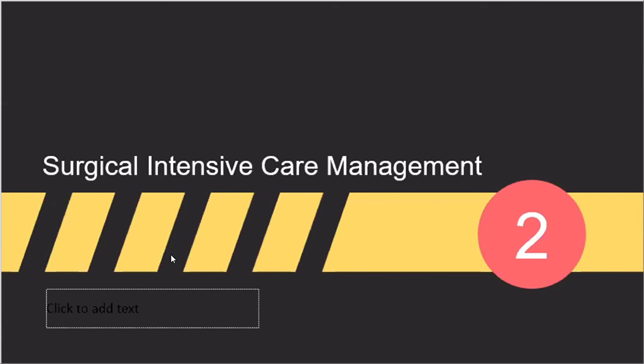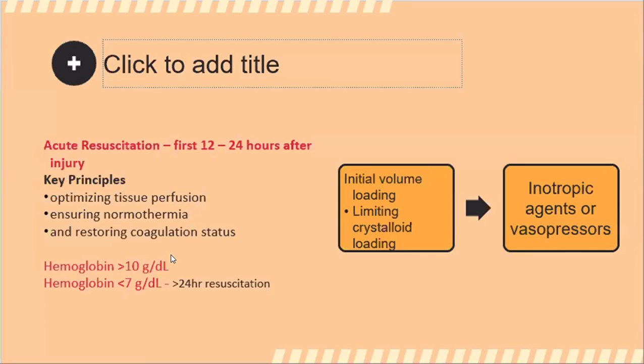Next topic, surgical intensive care management. For toxic patients, toxic trauma, or critically ill patients, acute resuscitation is done for the first 12 to 24 hours.